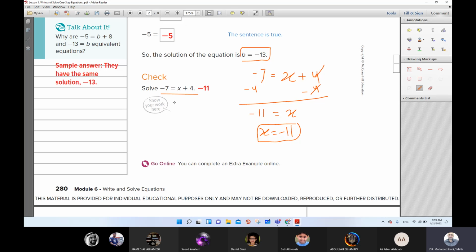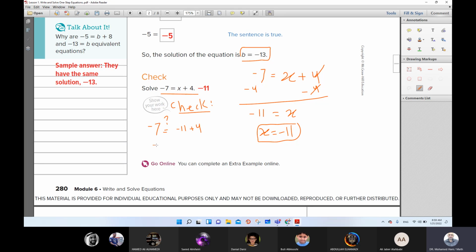How to check? Go back to the same equation. We have in the first side negative 7. Is it equal to, in the second side, substituting the value of x, negative 11 plus 4?